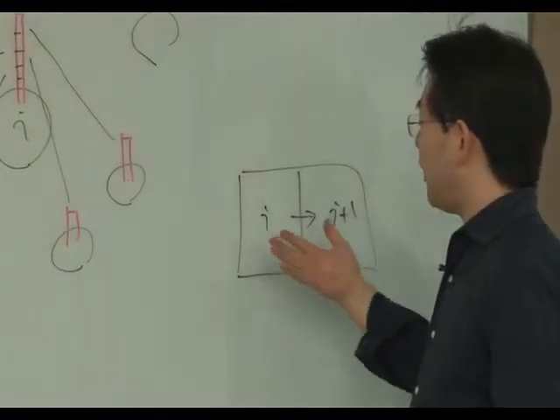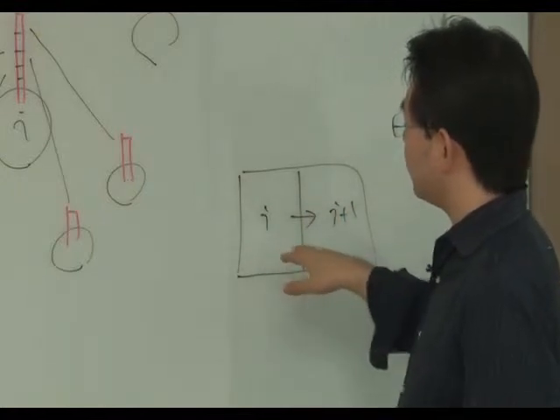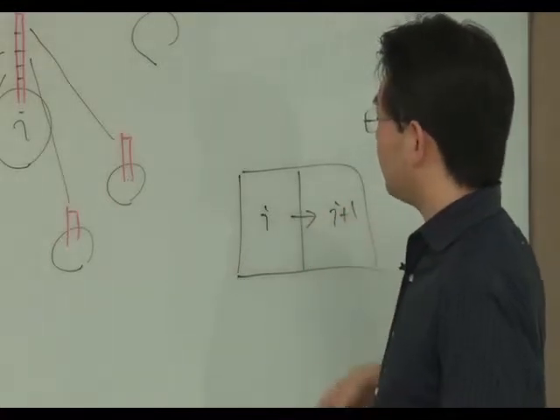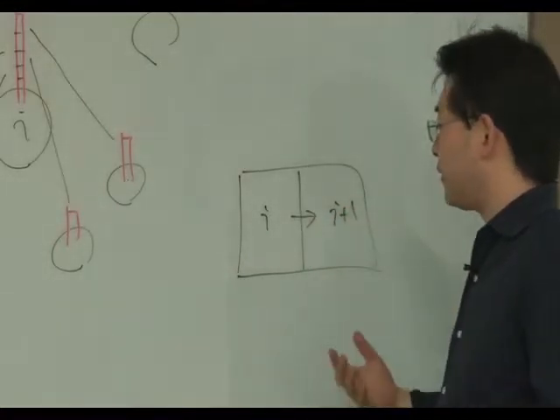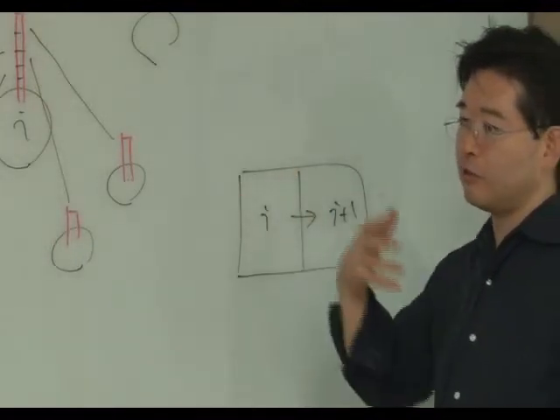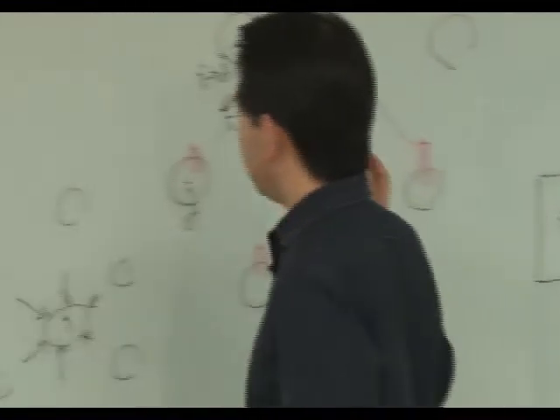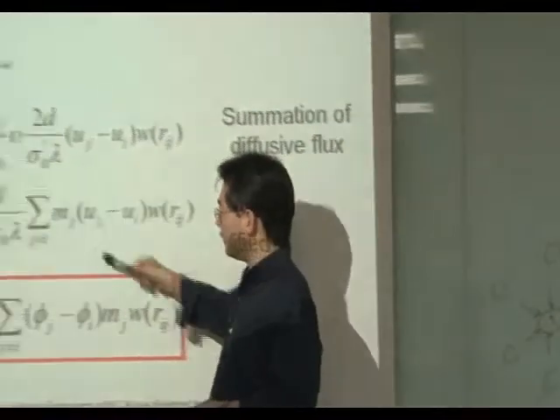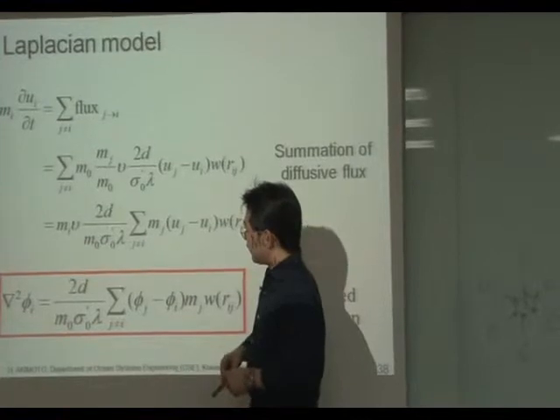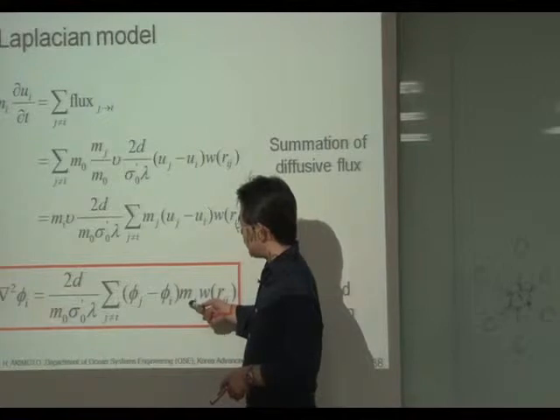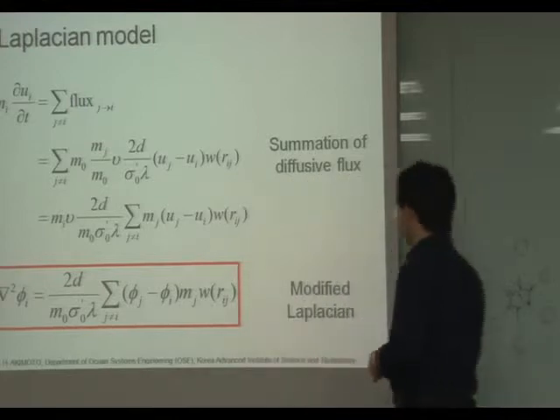The amount control volume I gives to I plus 1 should be equal to the flux I plus 1 receives from the ith control volume. To satisfy the same condition, we changed the formulation slightly. And also in the consideration, the flux is proportional to the mass of each particle.